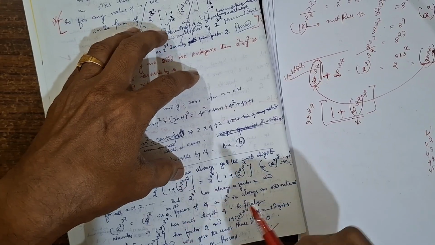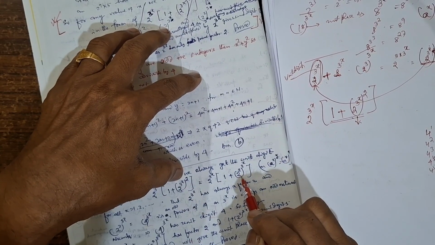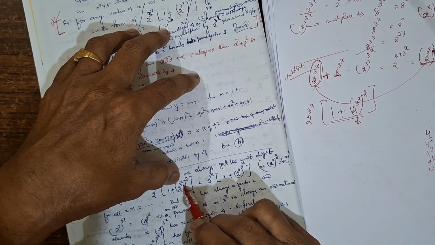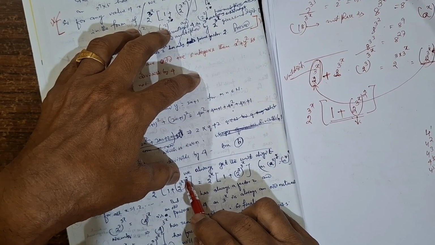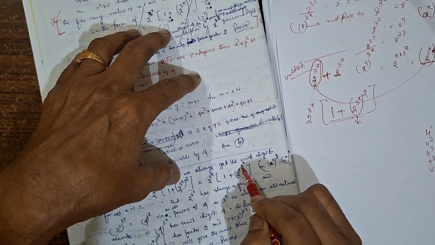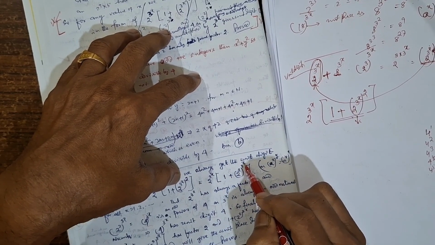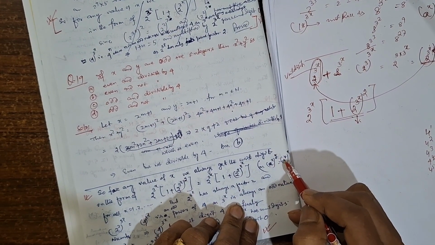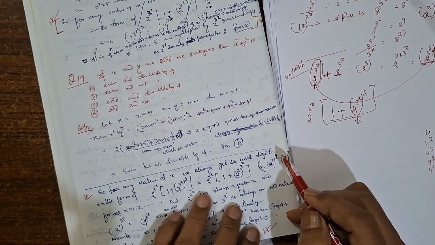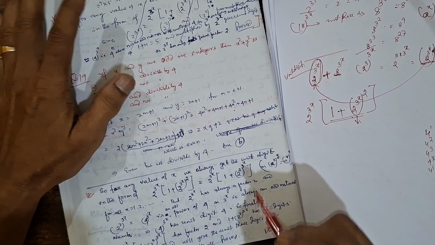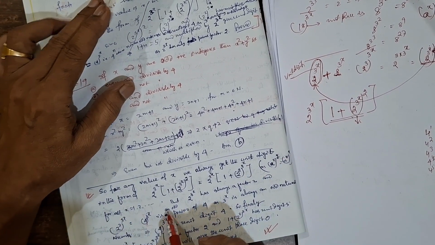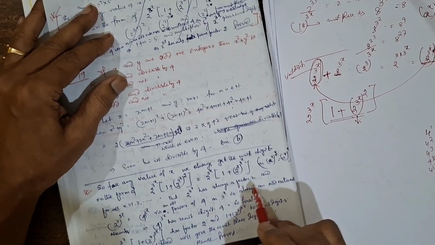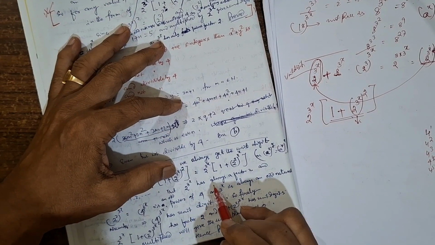You can express 2 to the power 3 to the power x, whole to the power 2, as 2 to the power 2 into 3, whole to the power 3x. This is as a to the power x to the power y is equal to a to the power y to the power x, which I have written earlier. So for all x, 2 to the power 3x always has a factor of 2.